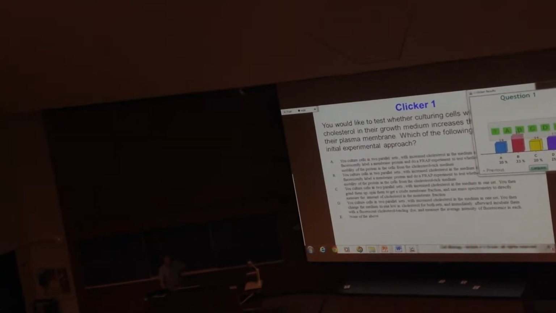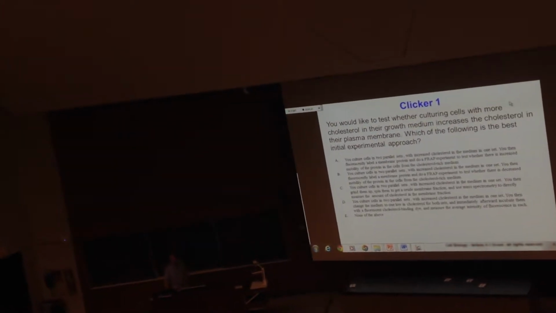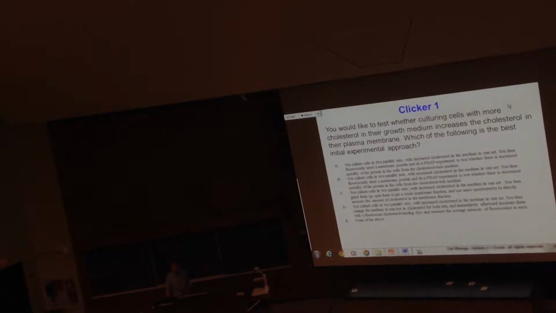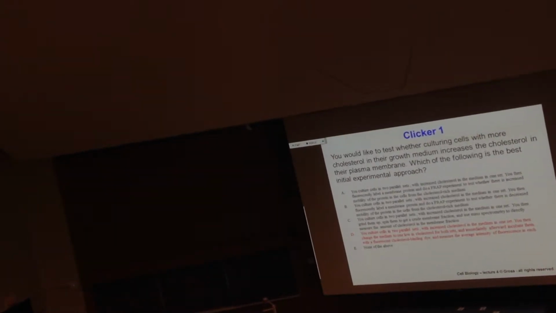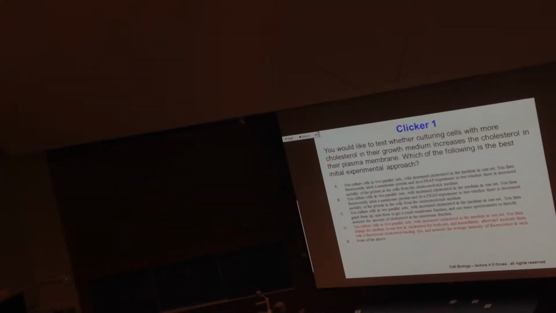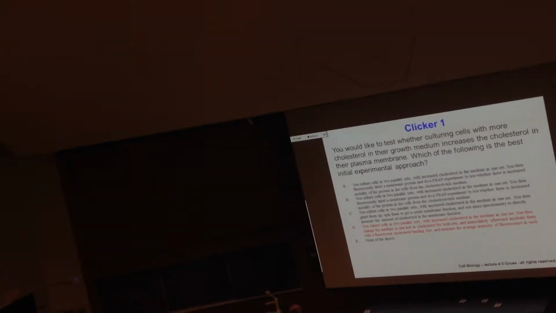The correct answer is D. So let's discuss why. There are really 3 sets of things. A and B are mirror images of each other. A basically says you're going to look at fluidity of the membrane and you would see increased mobility.